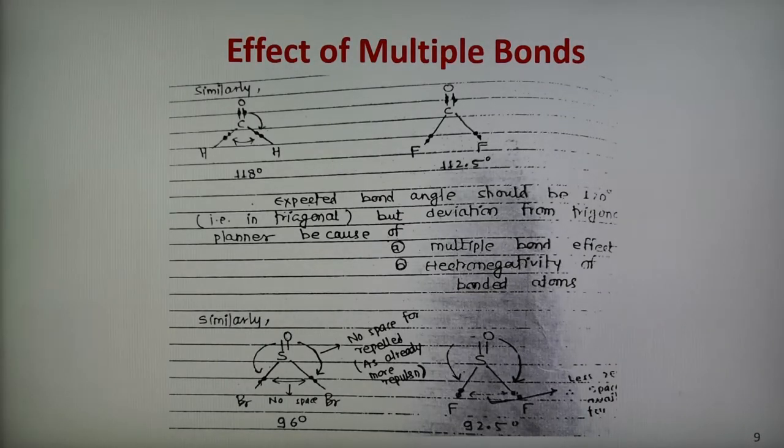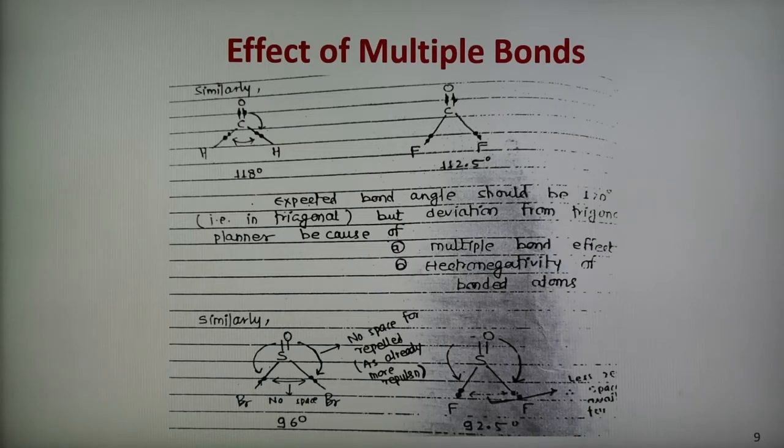In this case, the expected geometry is trigonal planar, but there is a deviation from trigonal planar geometry because of the multiple bond effect and also the electronegativity of the bonded atom. So these are the two reasons: one is the multiple bond effect, and the second is the electronegativity of the bonded atom.